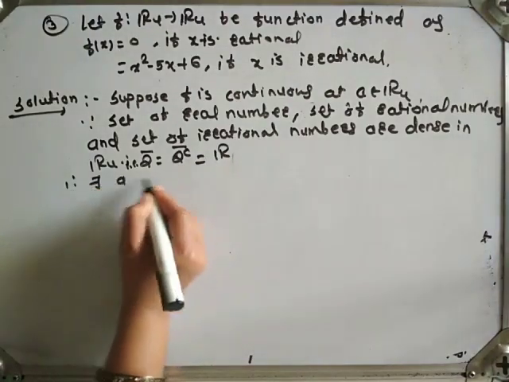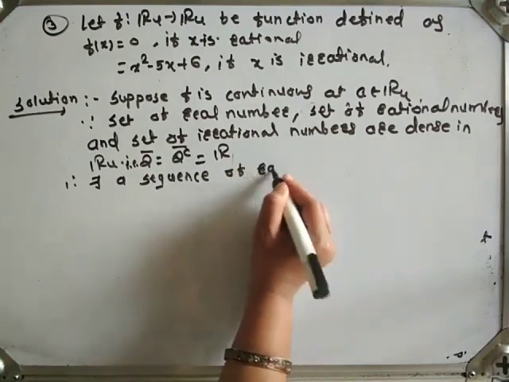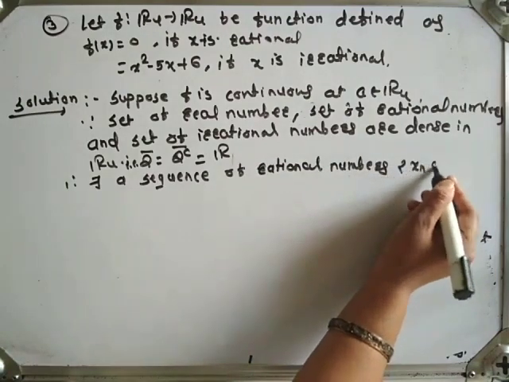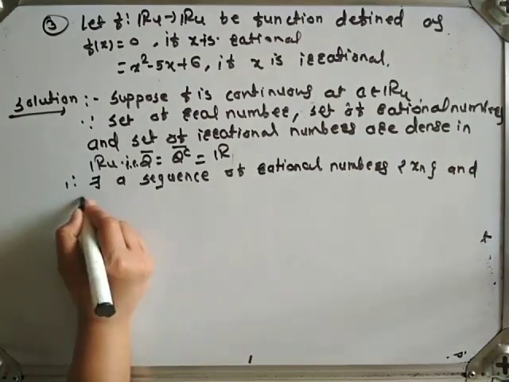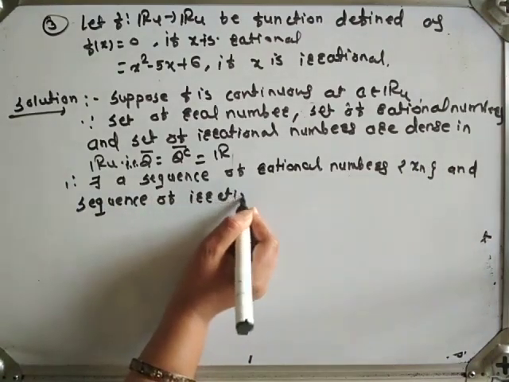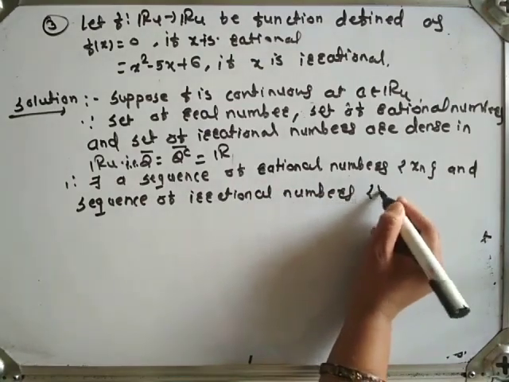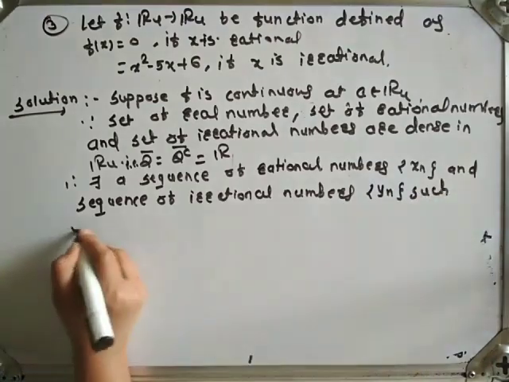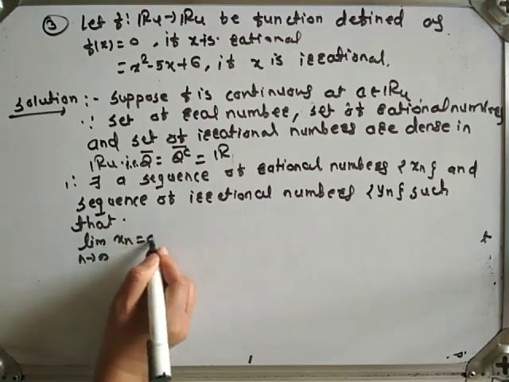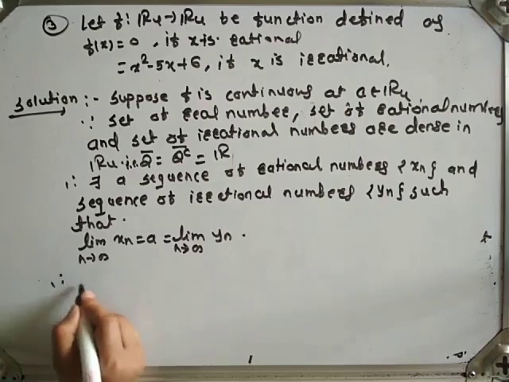Therefore, there exists a sequence of rational numbers xn and a sequence of irrational numbers yn such that limit as n tends to infinity of xn is equal to a, which is equal to limit as n tends to infinity of yn.